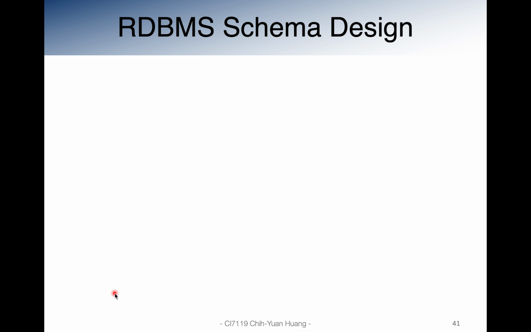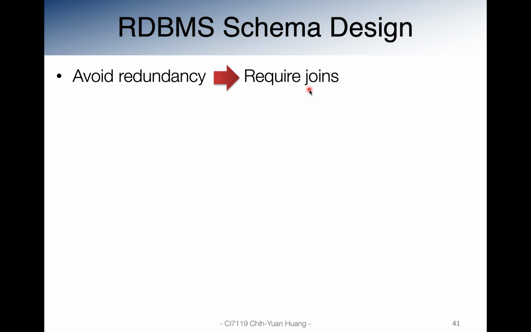On the other hand, if you want to avoid redundancy, and also you want to have an easier way to manage the data to provide more robustness and completeness, then in this case you will need joins for the queries.